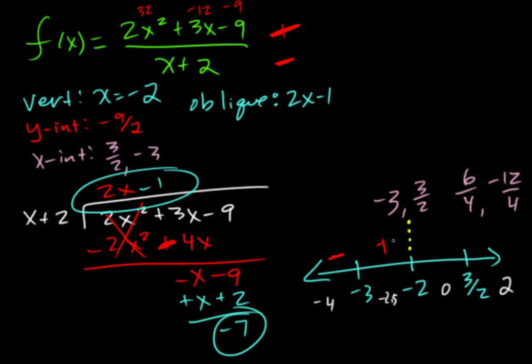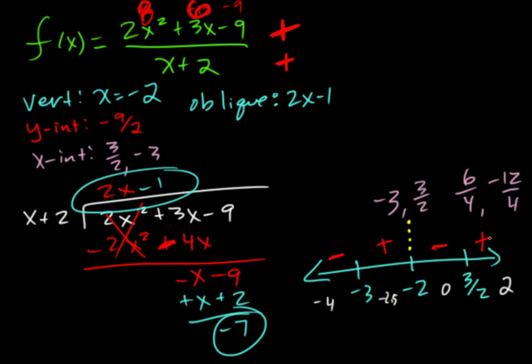Negative divided by negative is positive. And then you plug in 0, you get negative and positive, so that's negative. And then you plug in 2, that's going to be positive number. So plug in 2, that's 4 times 2 is 8. Plug in a 2 here, we get positive 6. Those added together are bigger than 9, so overall that's positive. And then divided by positive is positive. So that's our sine diagram.